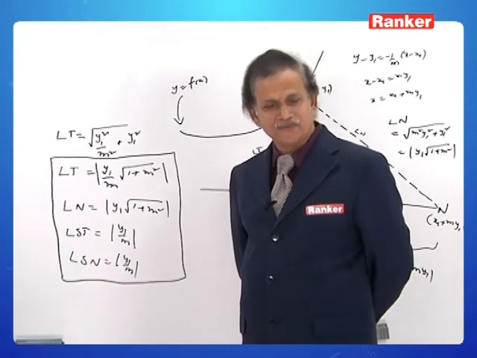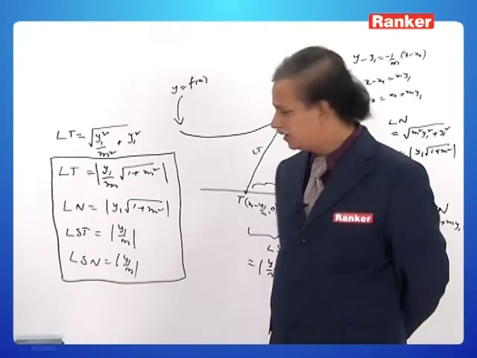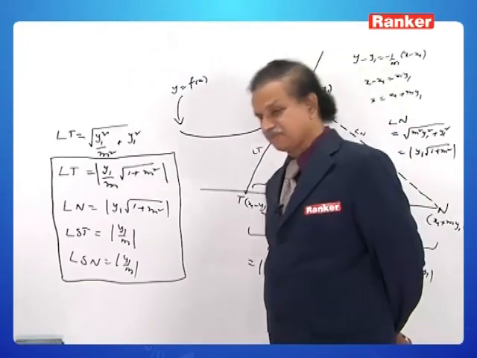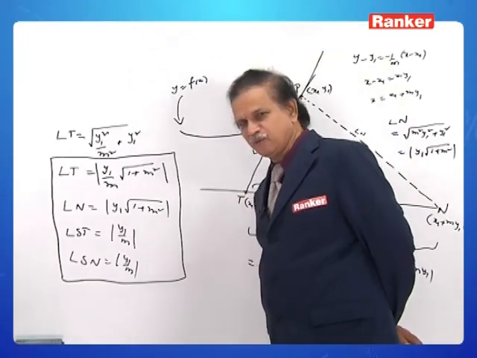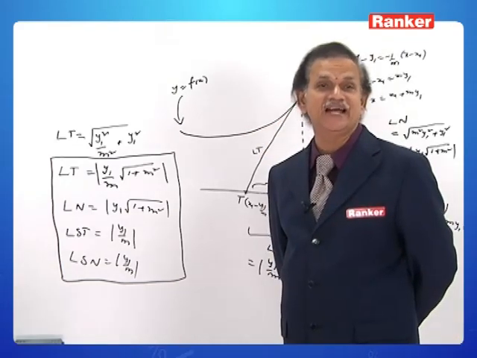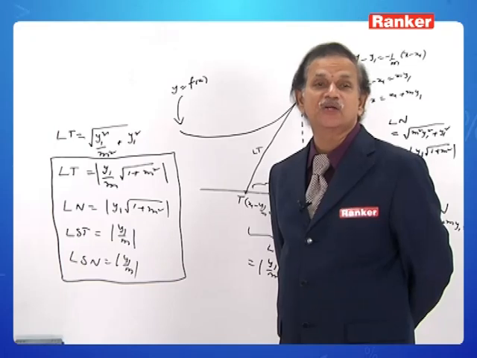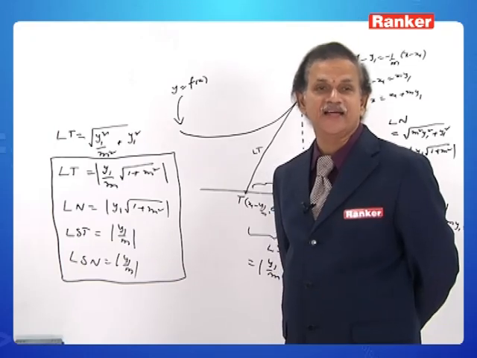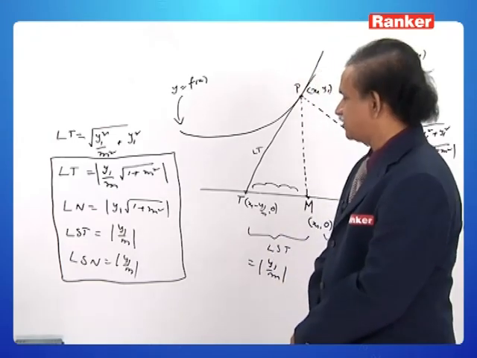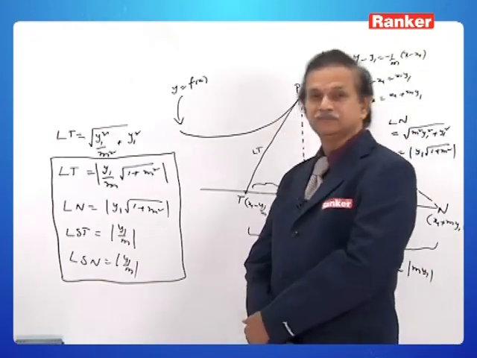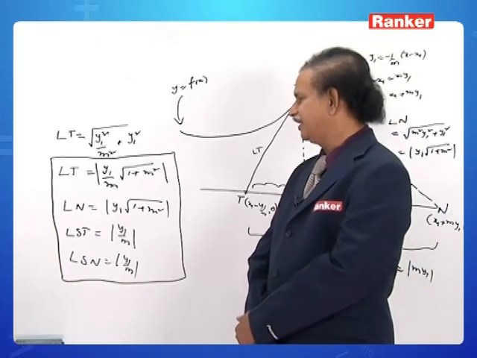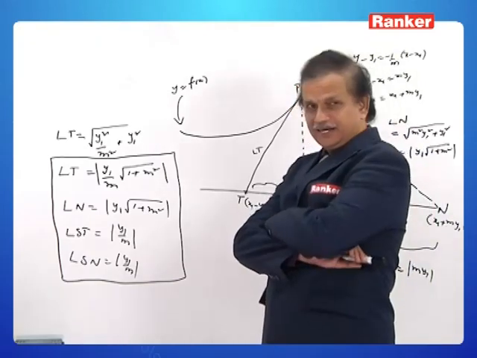So many important, beautiful things can be derived. What is the product of length of the subtangent and length of the subnormal? It is nothing but y1 square, that is, ordinate whole square. What is the quotient of length of the normal by length of the tangent?